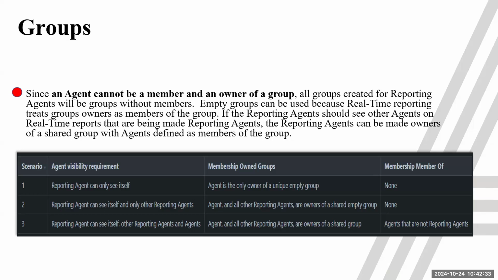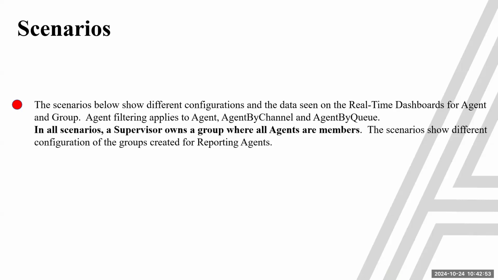But basically, what is going to happen is that if you create a reporting agents group, that group will allow you to define which users are going to be able to see other users' information, other agents' information, after, of course, you have provided those agents the supervisor role. In this case, you know that an agent is not going to be owner and member of the same group, so that will define some limitations.